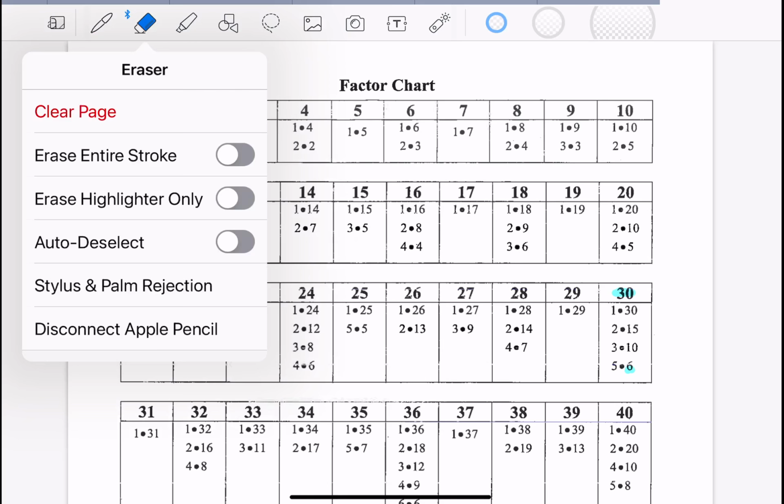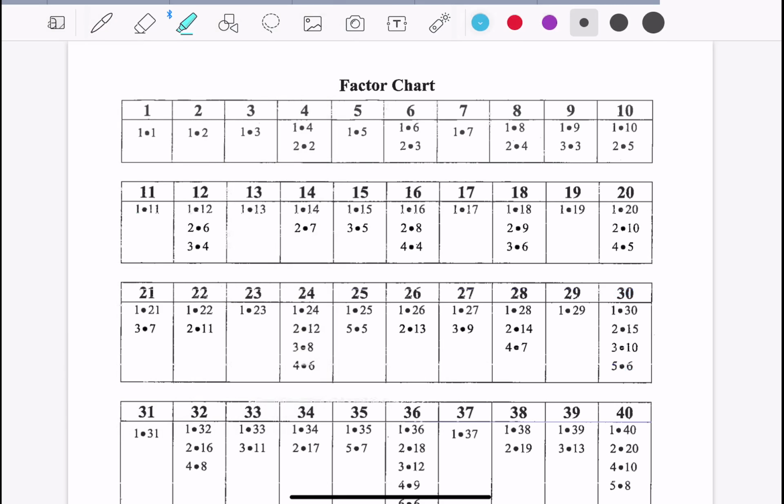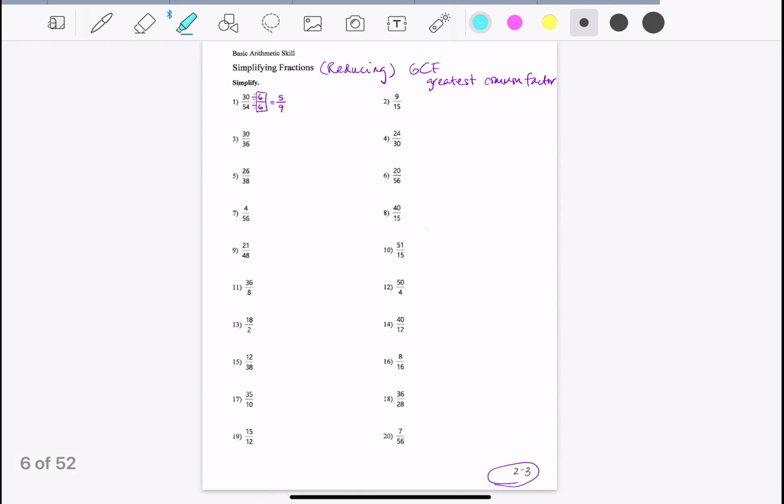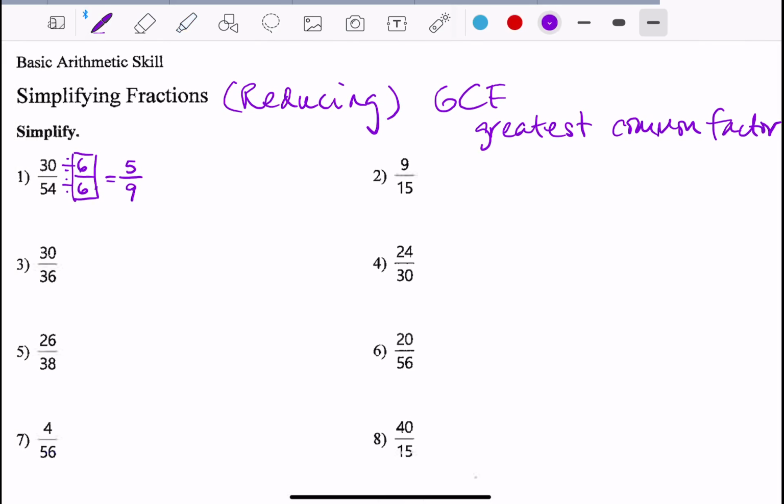I'm going to clear this page, and then I'm going to go back to my highlighter, 9, 15, and when I look, 1, 15, 3, 5, 1, 9, 3, 3, it looks like 3 is the largest factor for both. So I'm going to go back to my other problem, and I am going to divide the top by 3, the bottom by 3, and I'm going to get 3 over 5 for that reduced simplified fraction.